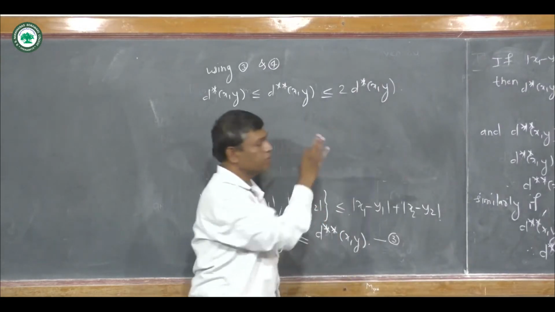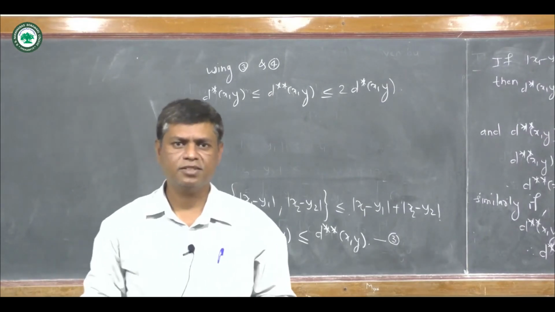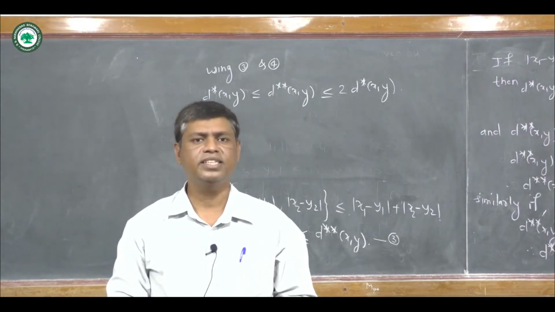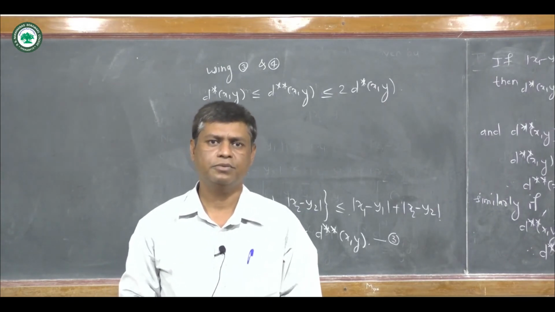So we have this inequality. So using these two results, we can say that the metrics d star and d star star are equivalent on R2. Thank you.